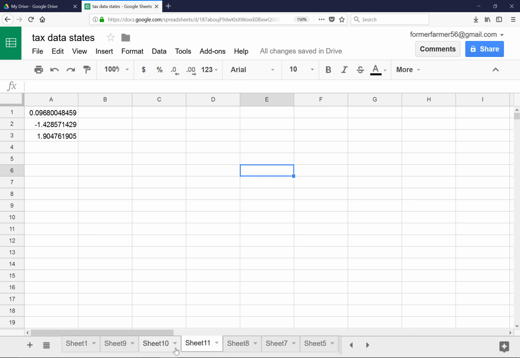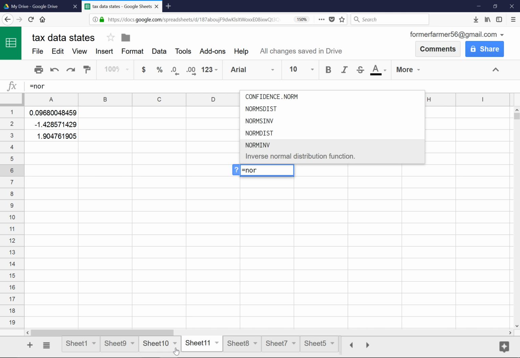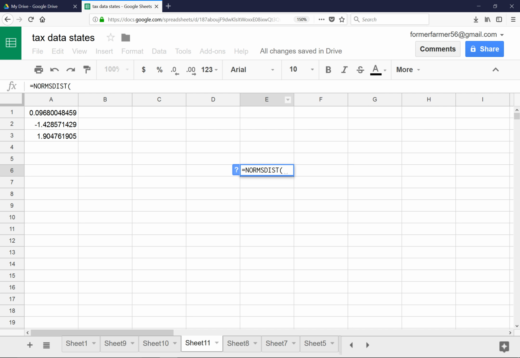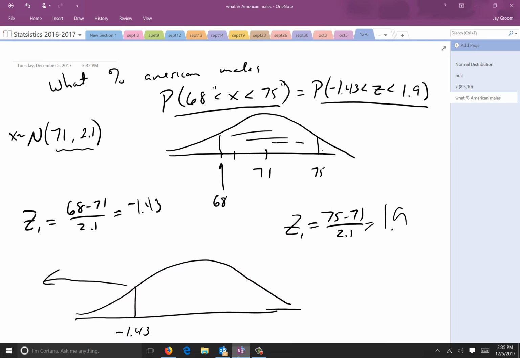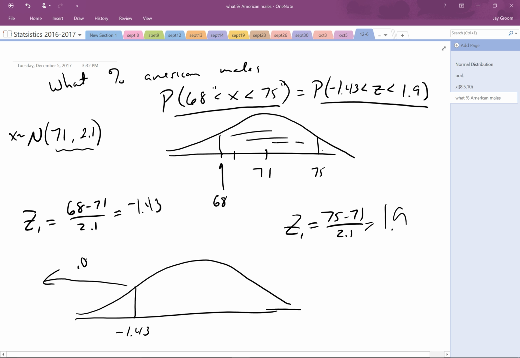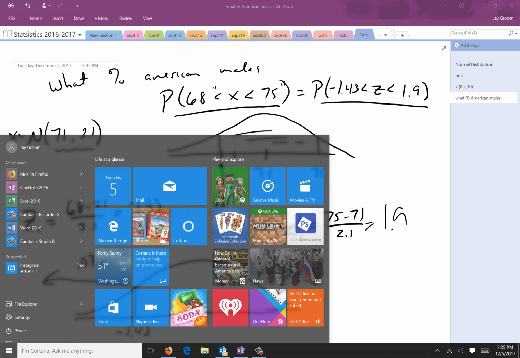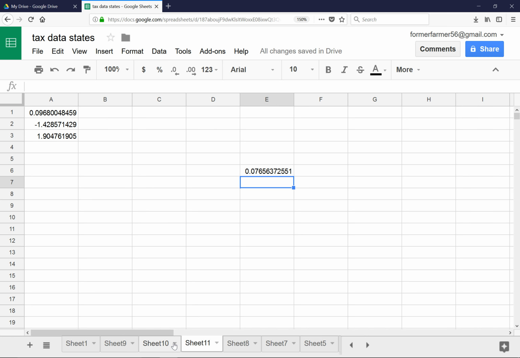And so equals norm dot s dot dist, which is that guy right there, of this dude. So it's about 7.6% from here down. Well, I wonder what it is from the top one all the way down. I don't know. Let's ask Betsy.